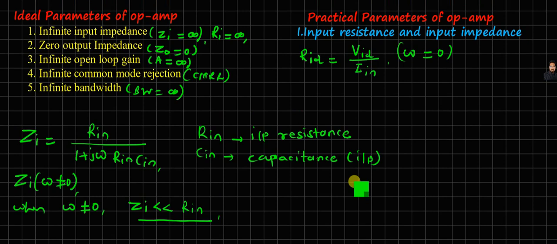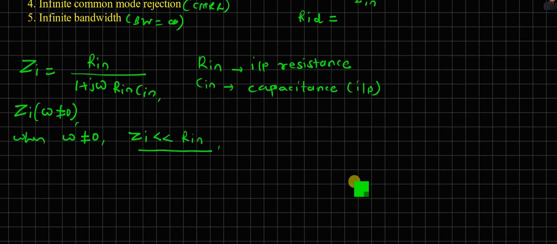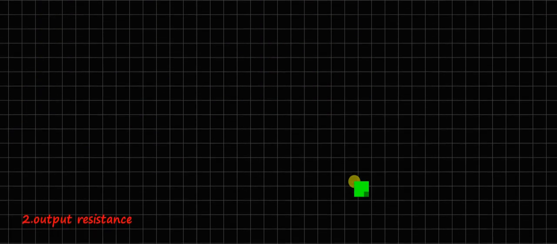And what about the input resistance? In terms of transistor parameters, we can define this. I'll write here the equation once again. The differential input resistance RID is VID divided by I in, the total input current.